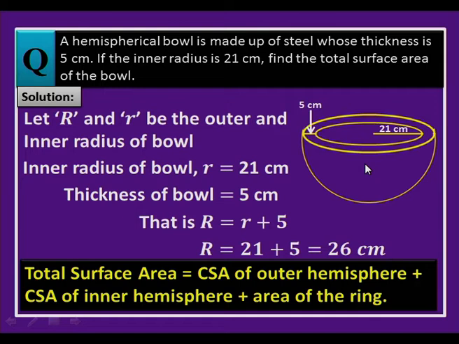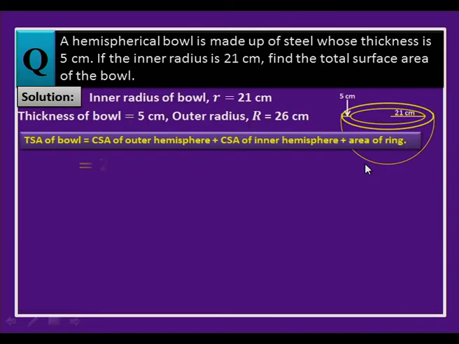Now, let us substitute the formulas: 2 pi capital R square, here I am writing capital R because we are using the outer one, plus 2 pi small r square, because we are using it for the inner one, plus area of ring. Now, the area of ring formula is pi into capital R square minus small r square.